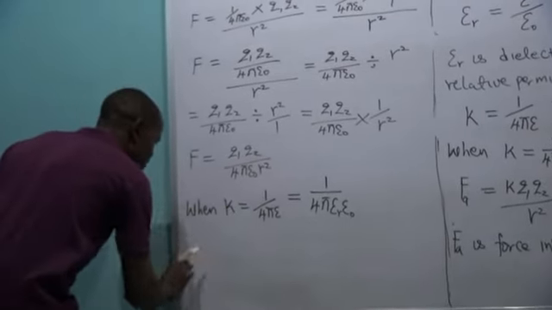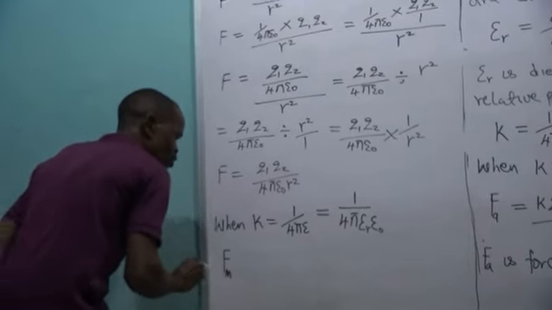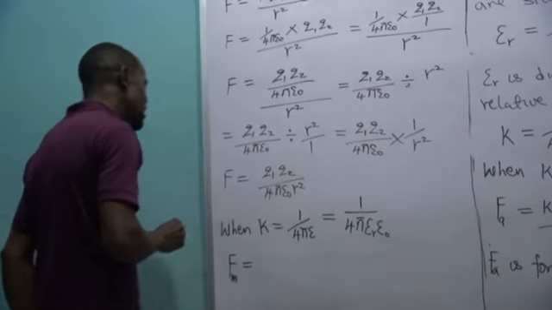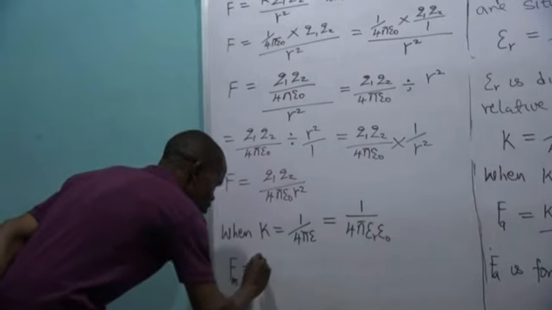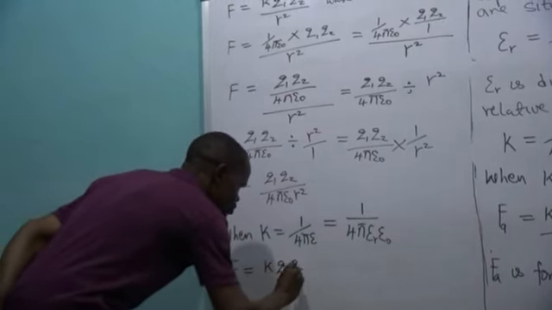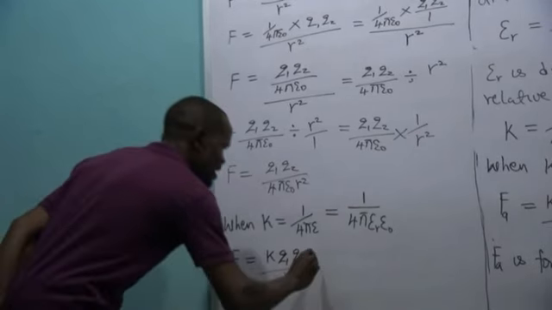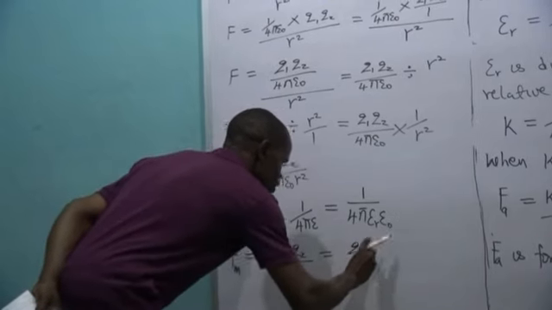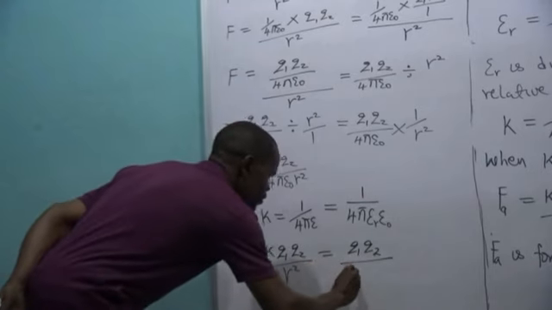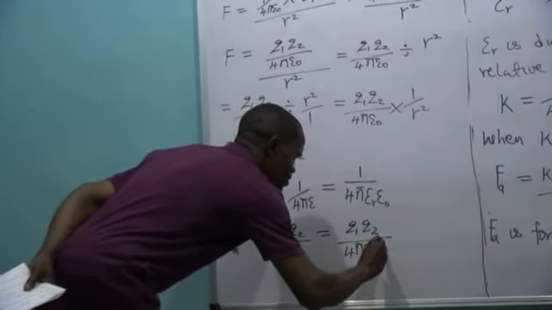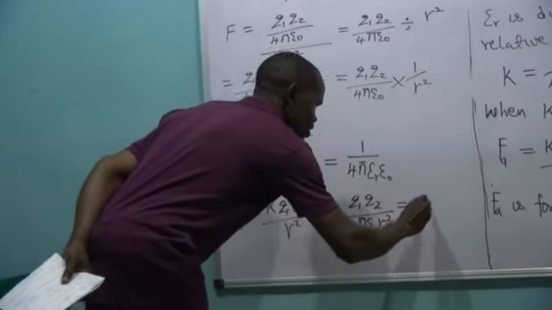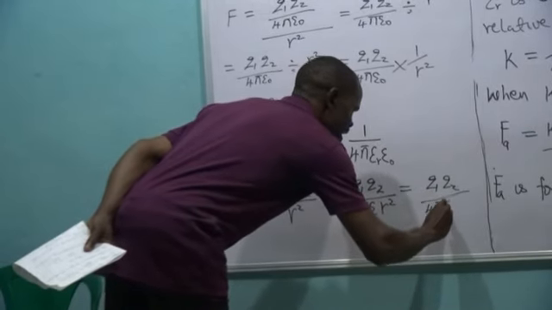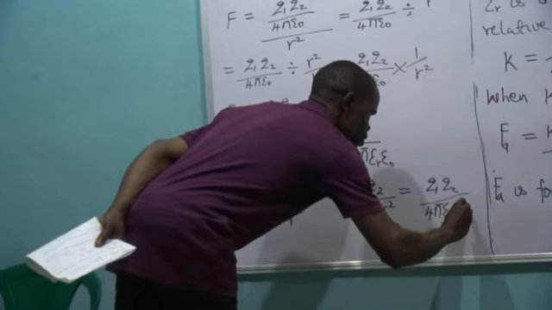So now my Fm, which we call the force exerted on the charges in a medium, will be K Q1 Q2 all over R squared. That will give me Q1 Q2 all over 4 pi epsilon r epsilon o R squared.